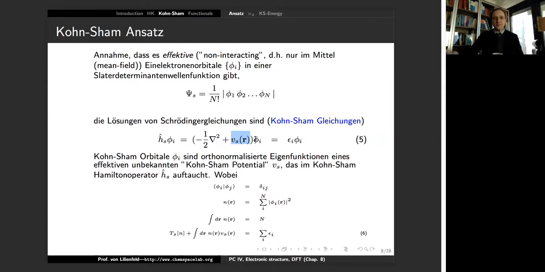Now, these equations here must hold true whatever you do. What's very important also to note is that this kinetic energy here was historically one of the main reasons why people went back to the electronic orbitals as implemented in this Kohn-Sham Ansatz.